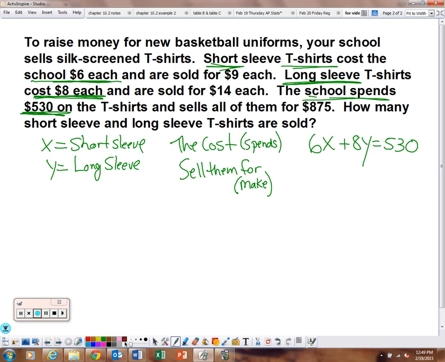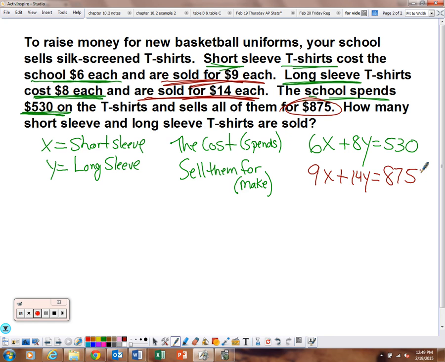The second equation is what they sell them for. Okay, they sold the short sleeve for $9. So 9x plus they sold the long sleeve for 14. So 14y equals. Okay, now they sell it for a total of $875. All right, so there's our system.